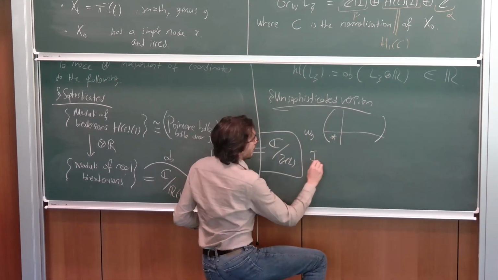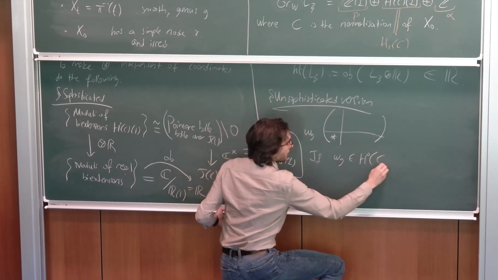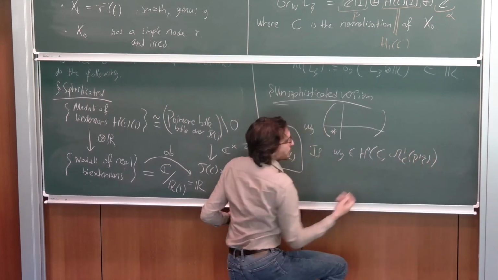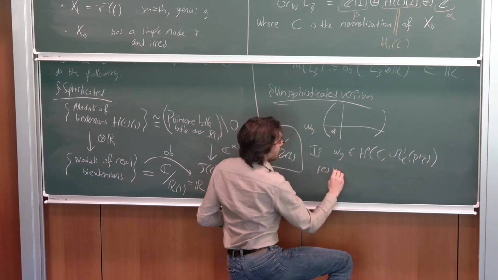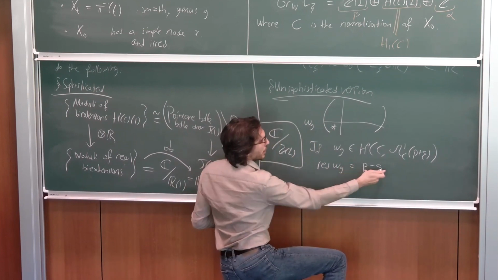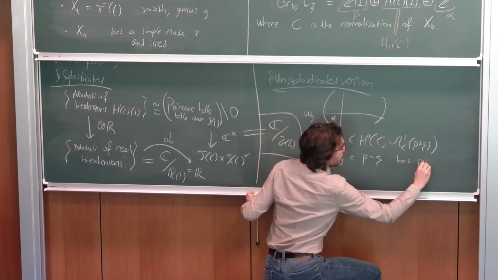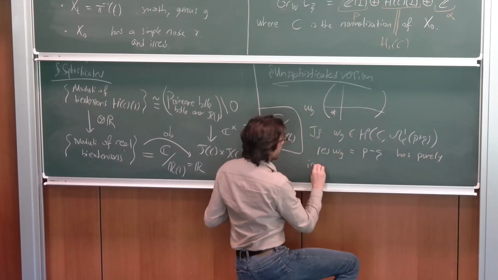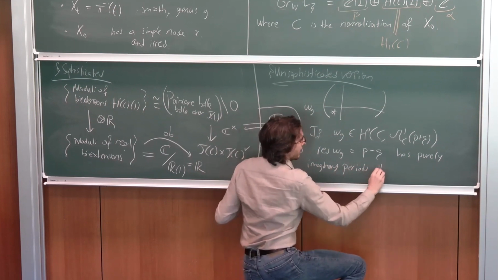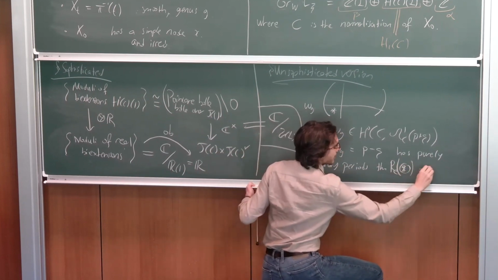Well, if omega g, which you can view as a meromorphic form on C with poles at P and Q, with residue 1 at P and -1 at Q, if this thing has purely imaginary periods on C, then the real part of star is well defined and it is the height.